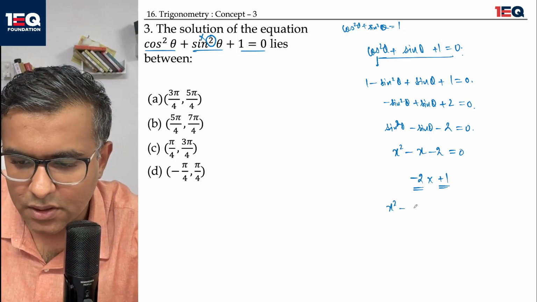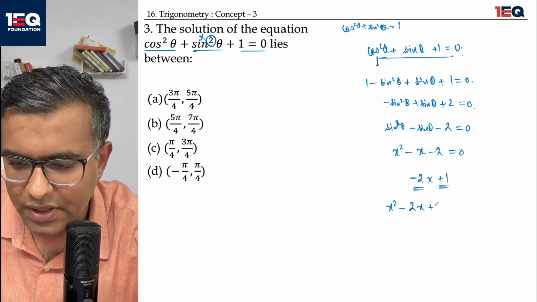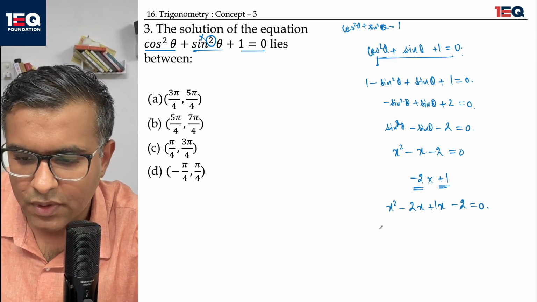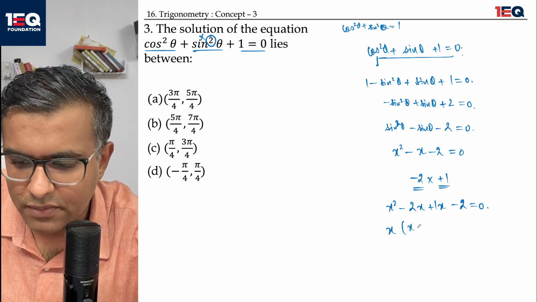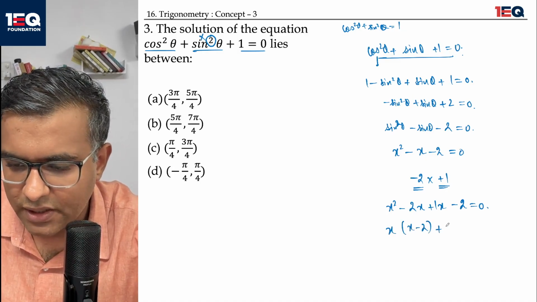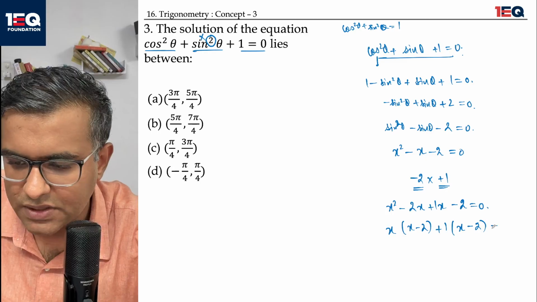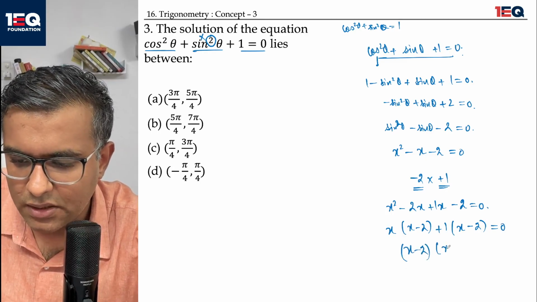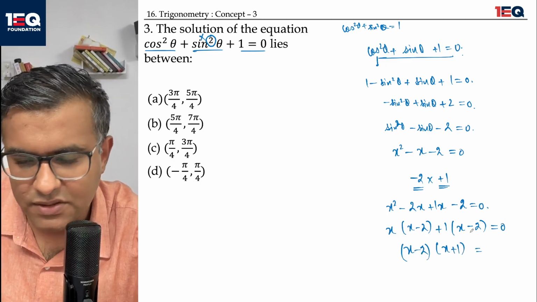So x square minus 2x plus 1x minus 2 being equal to 0. If I take x common here, I would get x minus 2. And if I take a plus 1 common here, I would get x minus 2 as common. So from here, I can say that x minus 2 and x plus 1 are two factors of the equation.